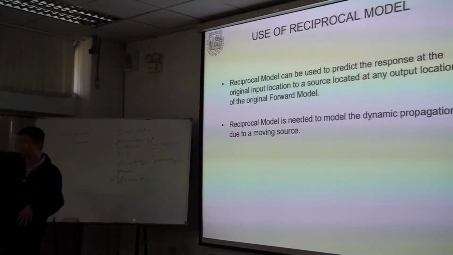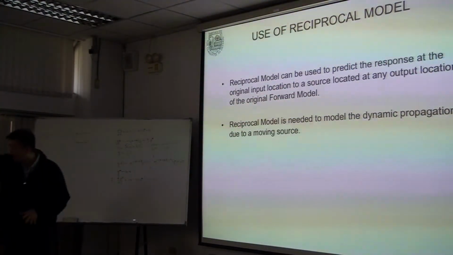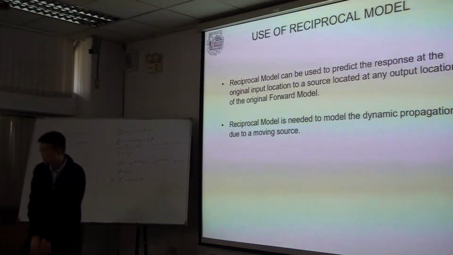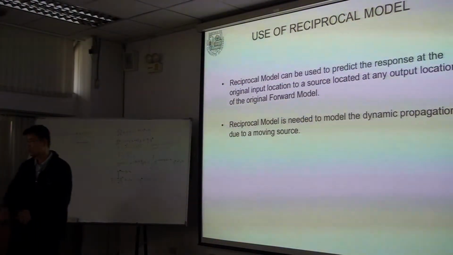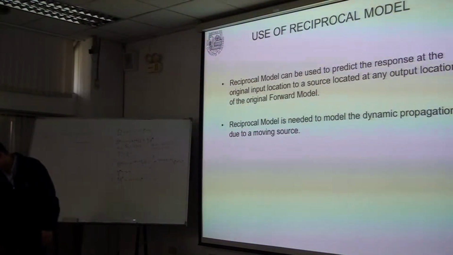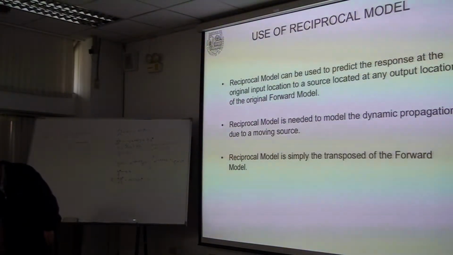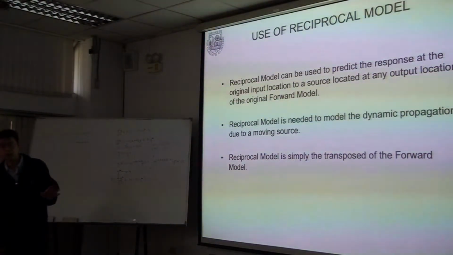So like a tank moving, or somebody walking, how does that register at this sensor? That model is derived from a reciprocal model.